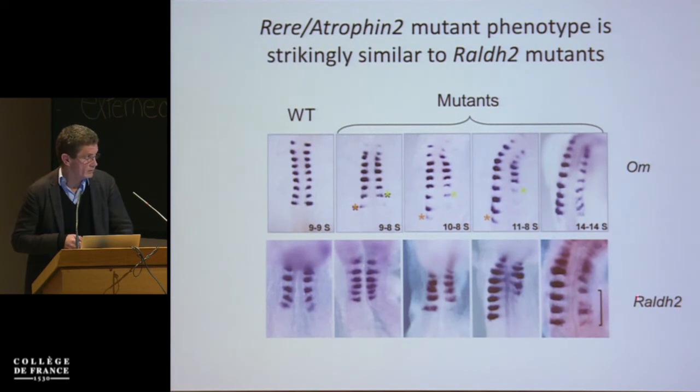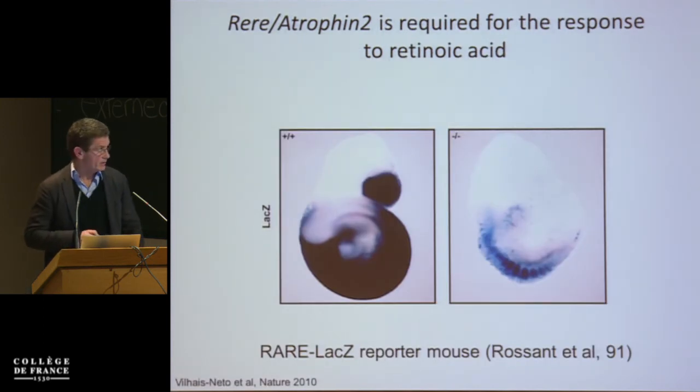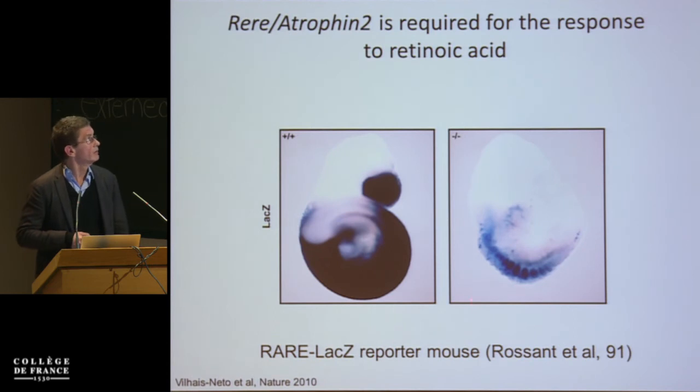What was surprising is that this ALDH2, as I told you, is the biosynthetic enzyme for retinoic acid, so it's probably the strongest mutant in the retinoic acid pathway, at least at these stages. And this gene had never been associated with retinoic acid signaling. So then what Gonzalo was able to show is that, in fact, this RERE atrophin-2 is a coactivator for the retinoic acid pathway.